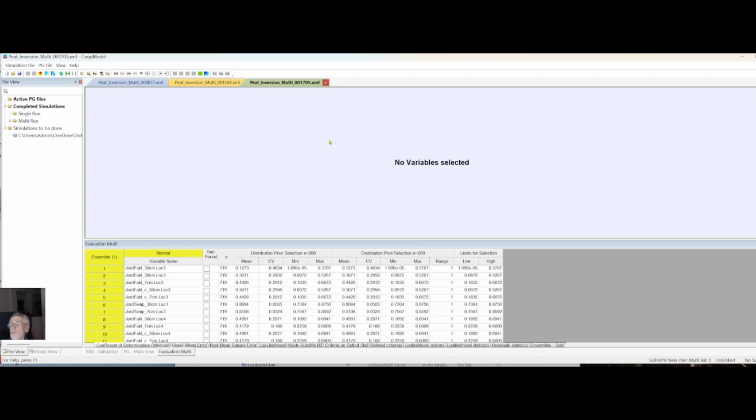I will go more in detail on this, but this is not only showing the values, it also gives you the chance to make selection.